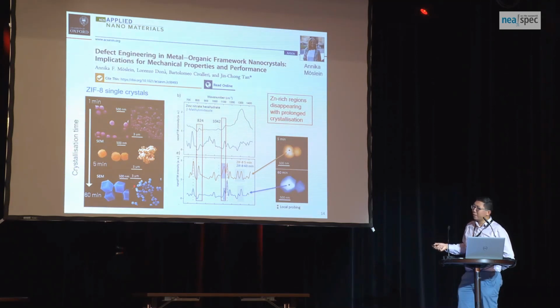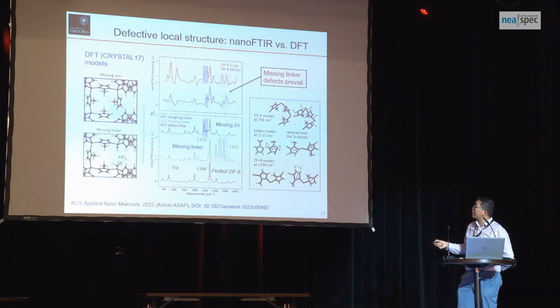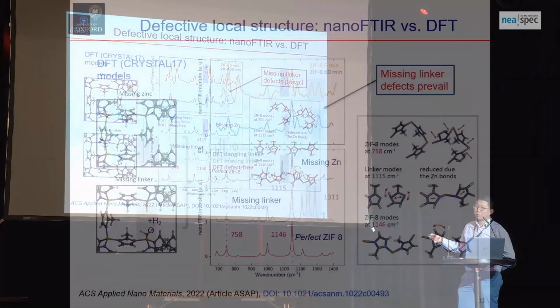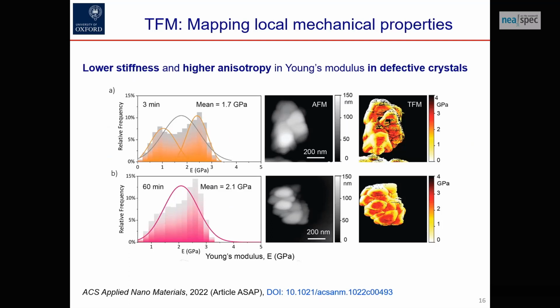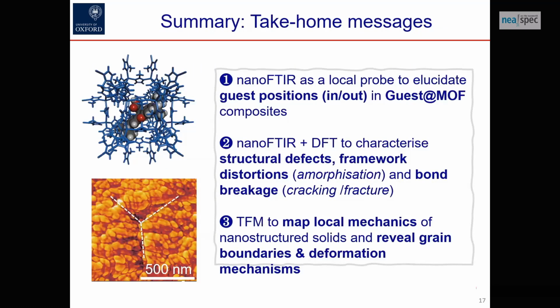Basically, we're going to look at crystallization and how the amount of defects and, more locally, the changes in the framework can be understood using a combination of nanoFTIR as well as DFT, okay? And TFM, again, if you calibrate this correctly, you could pull out quantitative information, but it's not straightforward. Edge effects and so on need to be considered, of course.